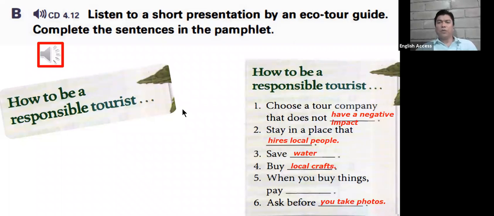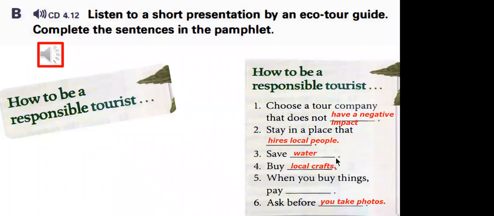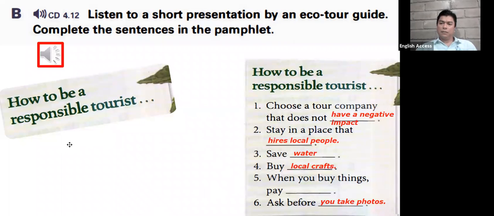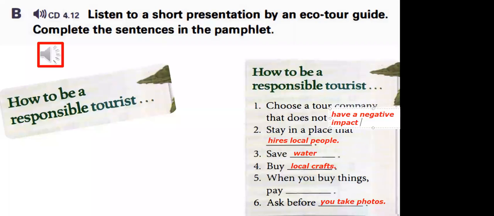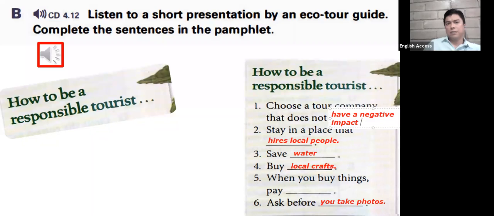Okay, very good. So let's go over again. Number 1, choose a tour company that does not have a negative impact on the environment.